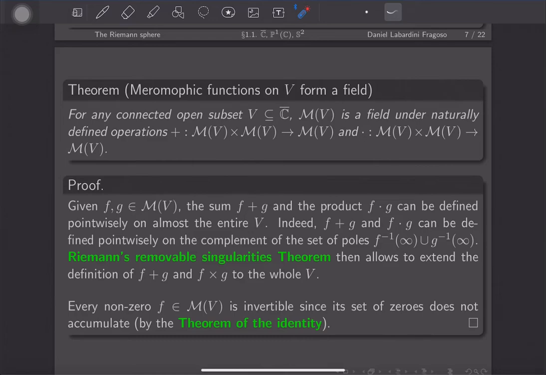The identity theorem says that if you have two holomorphic functions defined on this open connected subset V, and they coincide on a set of points that has an accumulation point, then they are automatically equal.